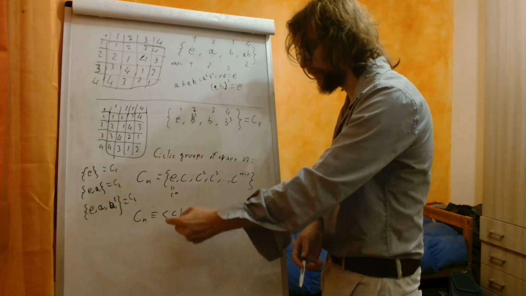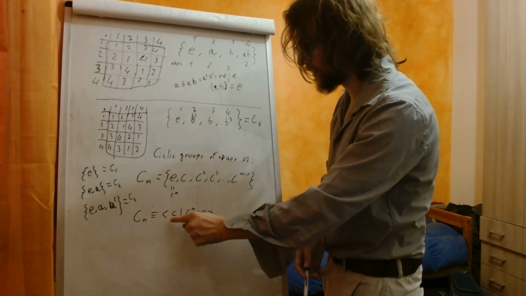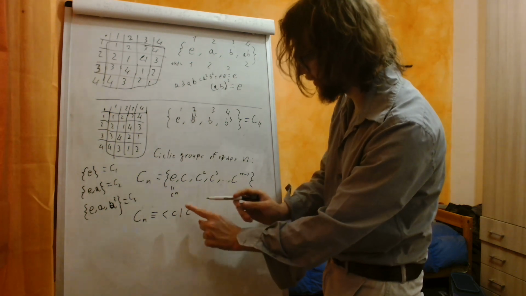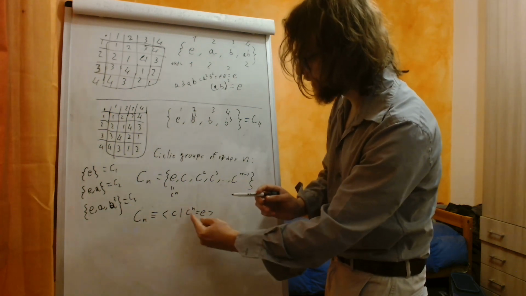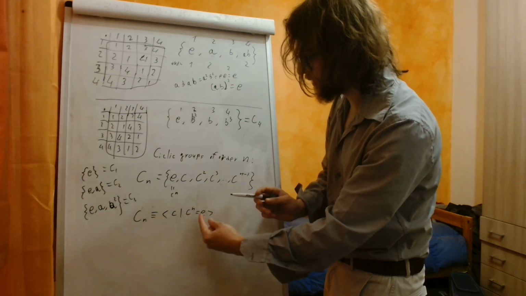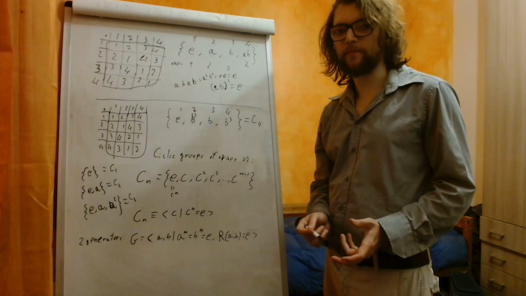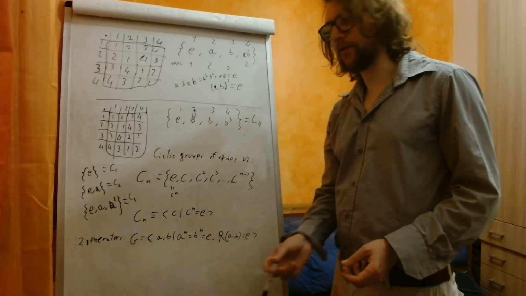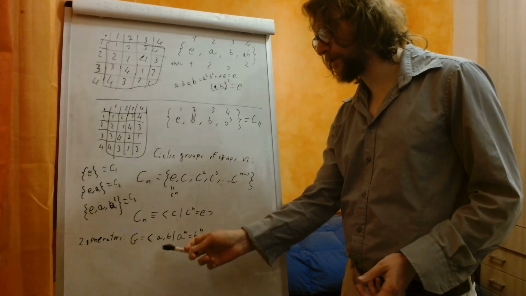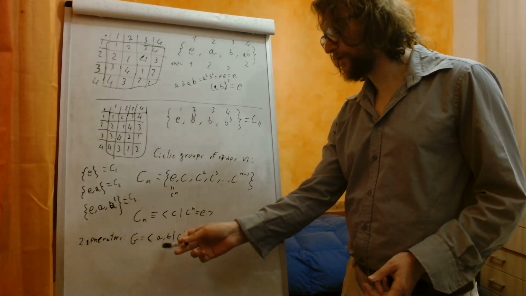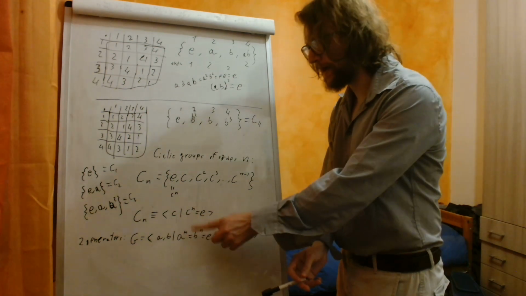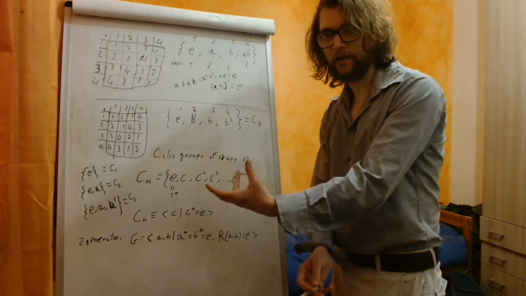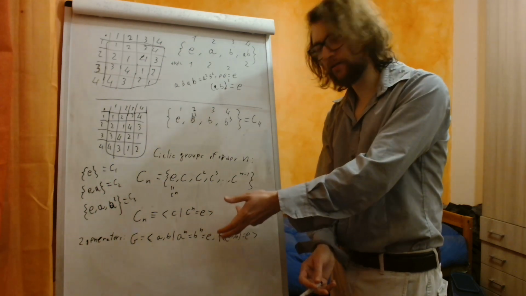We use this notation for cyclic groups. We say that they are generated by an element notated as C, and C to the n is the identity. Groups in general can be described by their generators. For example, we write a group generated by two elements, A and B, as angle brackets A, B, such that A to the m is E and B to the n is E, so A is of order, say, m, and B is of order n.